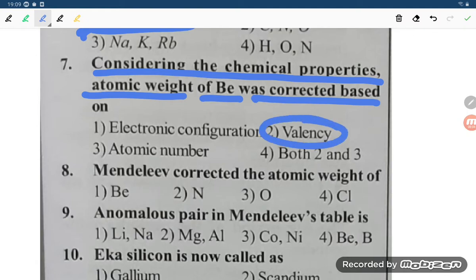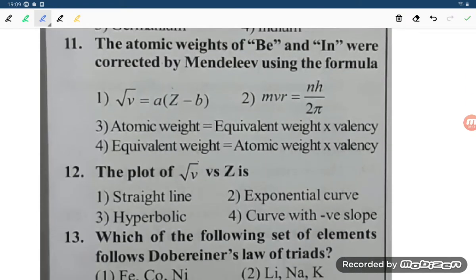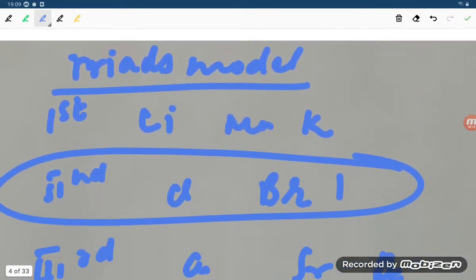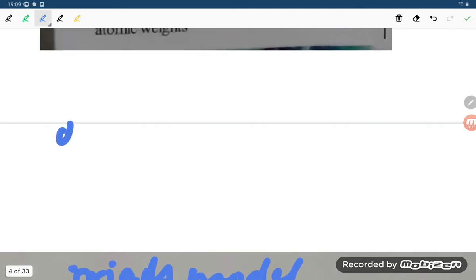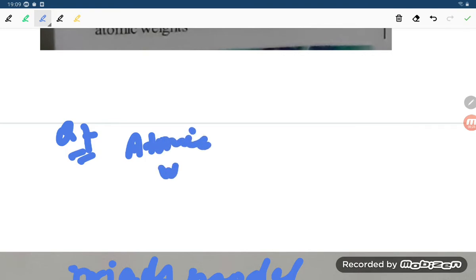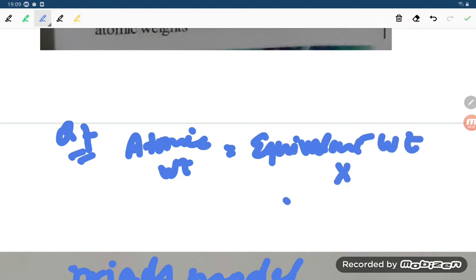Mendeleev gave the formula to calculate the correct atomic weight. So question number 7 I am doing again here. He gave the formula: atomic weight is equal to equivalent weight multiplied by valency.